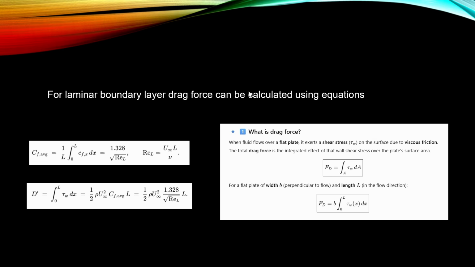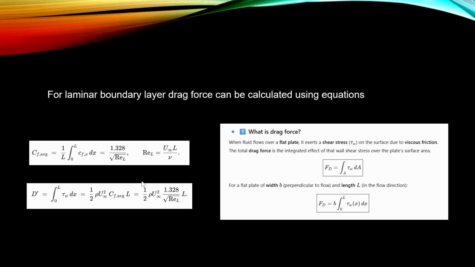Here is shown how you can calculate the drag force. The drag force is coming from shear stress, and that's coming from viscous friction. To get this drag force, you need to integrate this shear stress over the plate surface area.